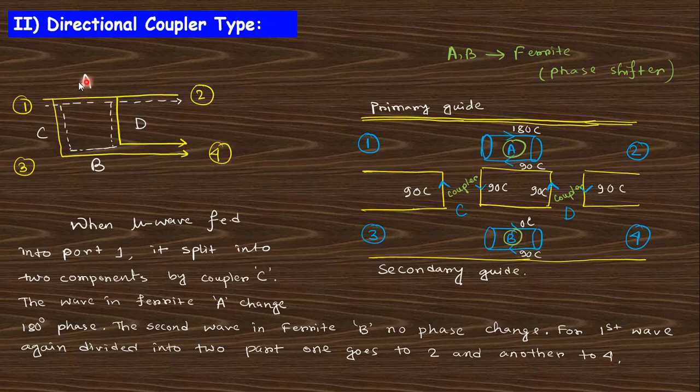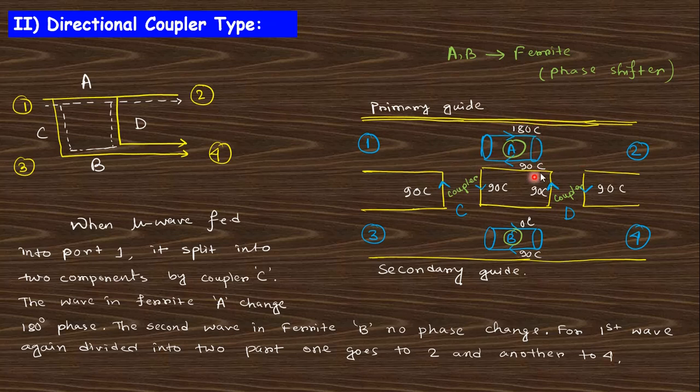Actually this is a basic directional coupler. In this basic directional coupler you add ferrite material, because without ferrite material this will be a linear component. So for making it non-linear you need to incorporate ferrite material. So there are two ferrite materials. Actually this is not a gyrator, this is a special ferrite material. When the wave comes from left to right, this is 180-degree clockwise rotation.